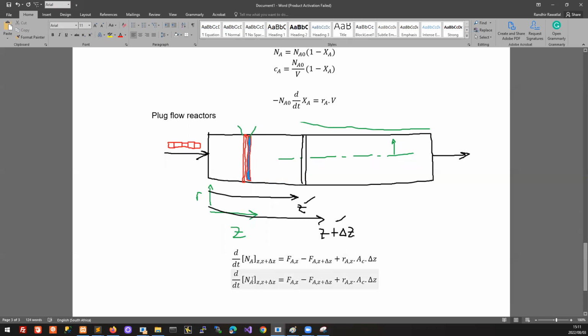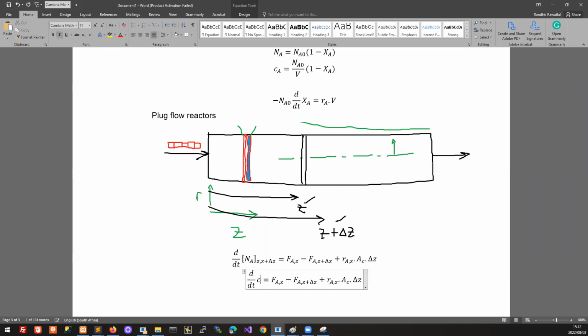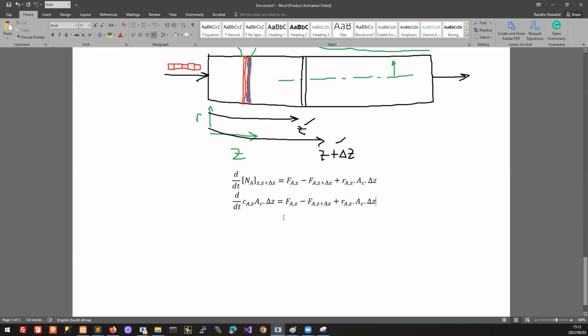We rewrite this as, and I'm just going to copy this volume here, CA of Z times that. So that's what we have there. And now, of course, AC and delta Z are not functions of time. Those are chosen fixed points in space, so we can just divide both sides by that.